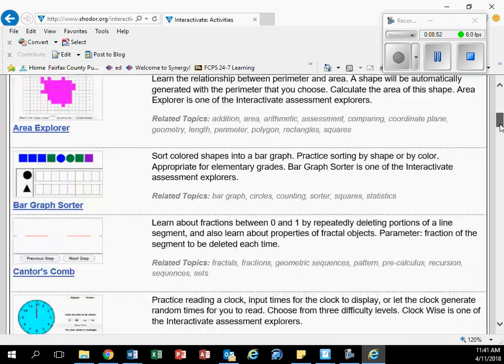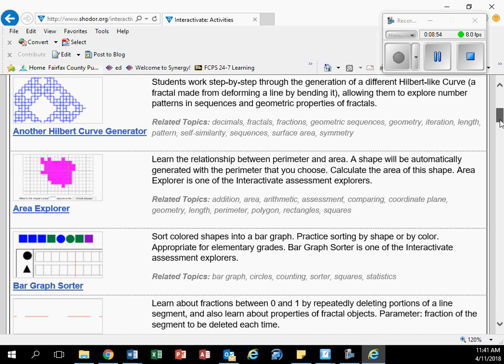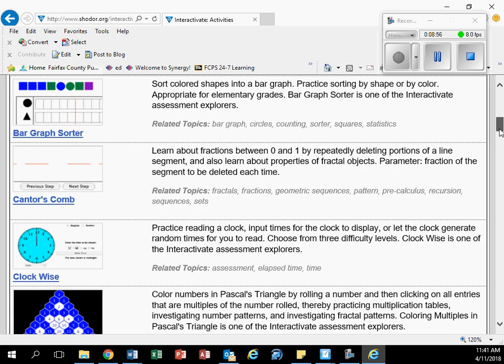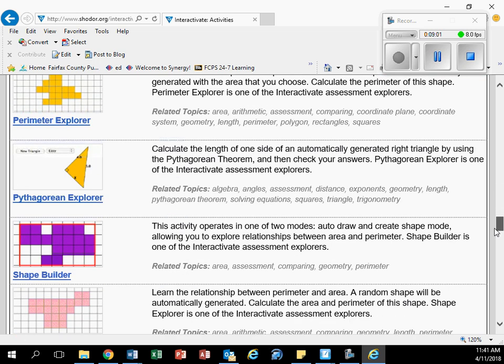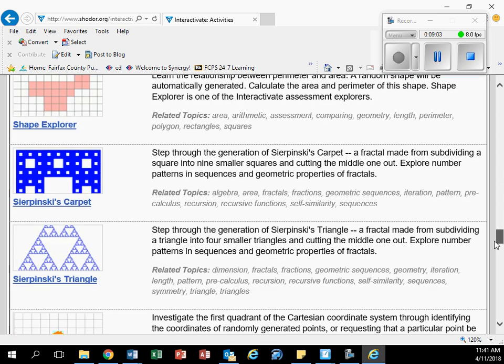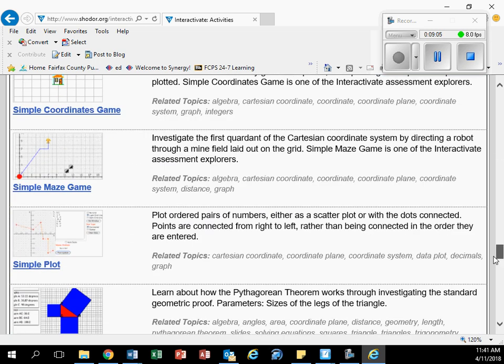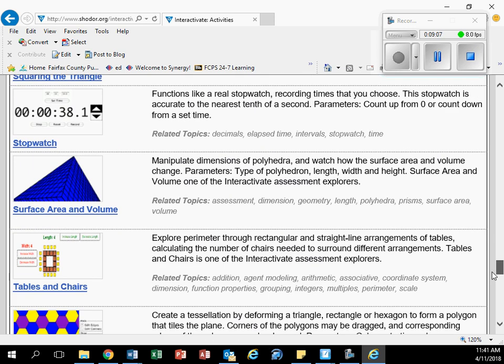And yes, these are in alphabetical order. It starts off with area explorer, bar graph sorter, and you're just looking for S. Okay, surface area, so SU. There we go, right there. We'll open that up.